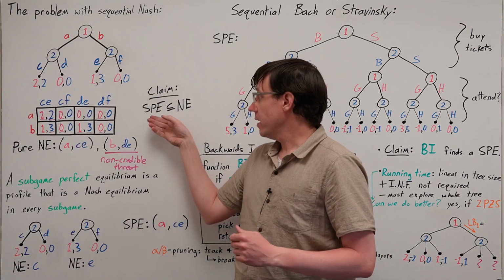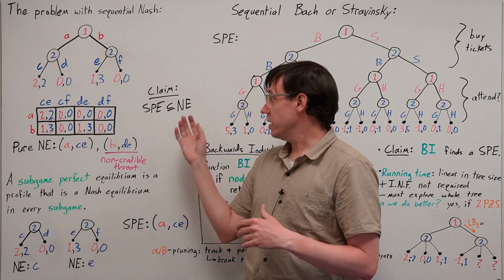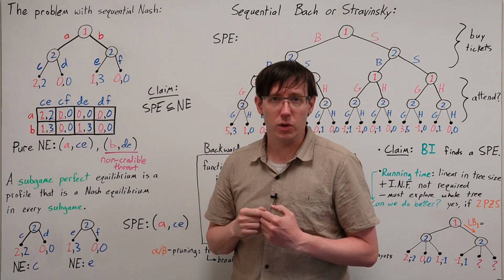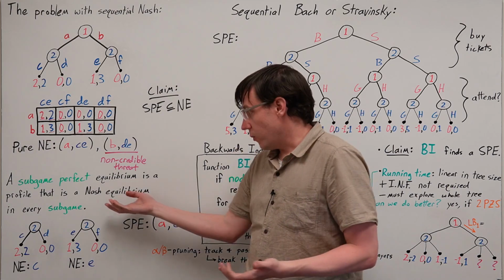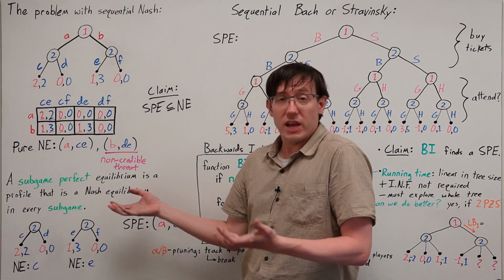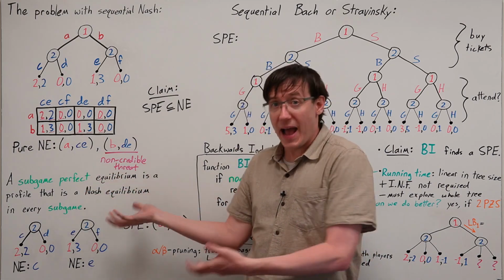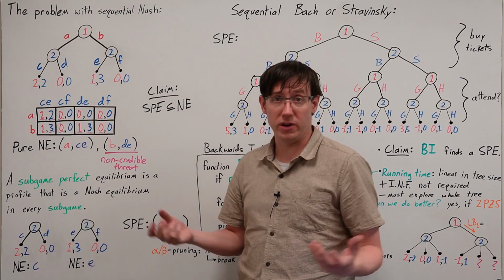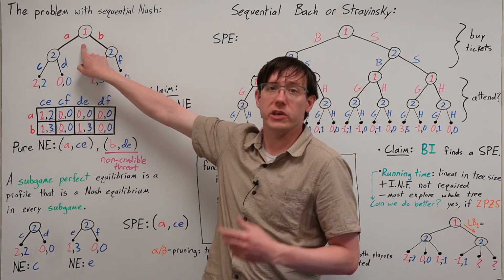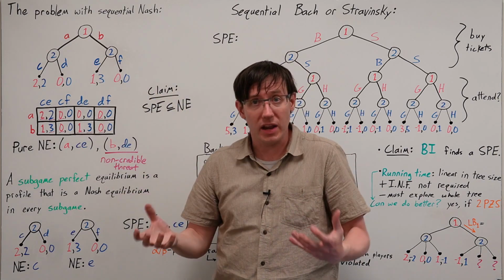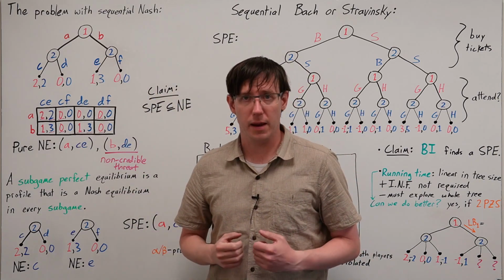I claim that subgame perfect equilibrium is a refinement of Nash equilibrium, and that follows directly from the definition. We say that a subgame perfect equilibrium has to be a Nash equilibrium for every subgame, and that includes the root subgame, so it is a Nash equilibrium of the overall game.